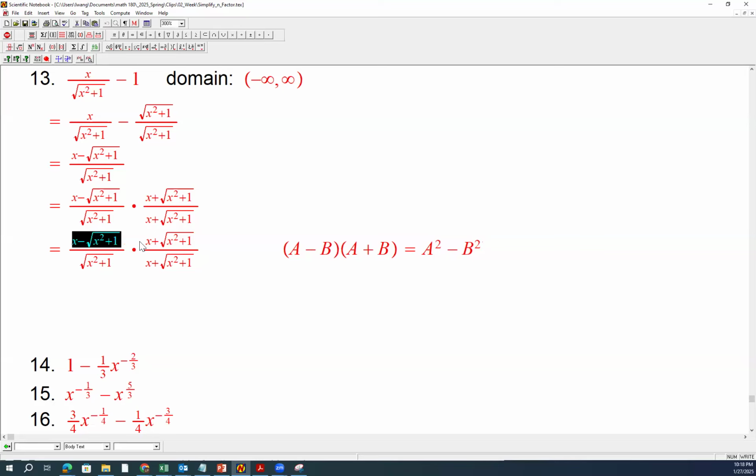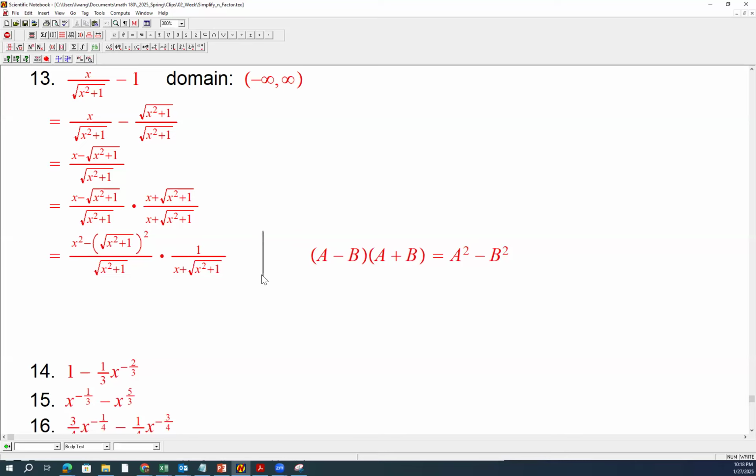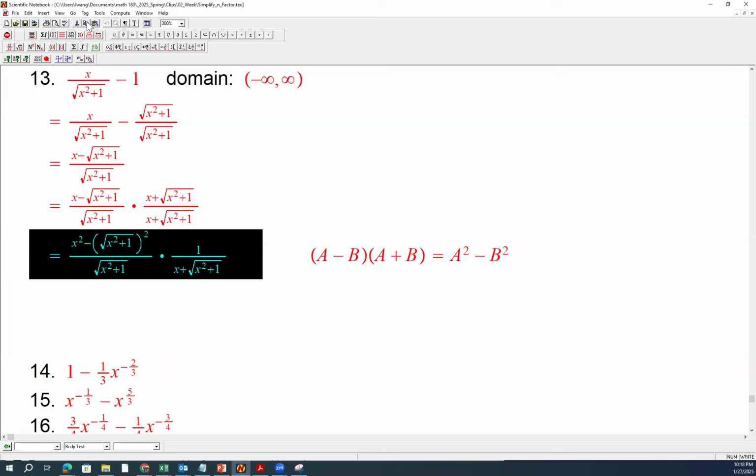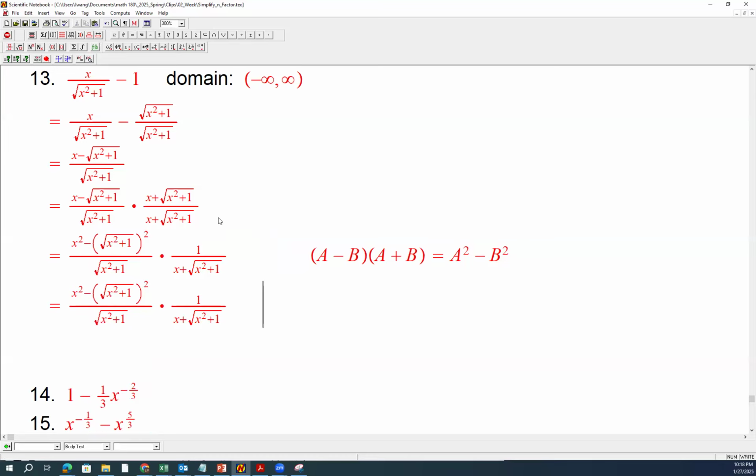So the numerator is a minus b times a plus b. We multiply these two and get x squared, and that piece is going to be squared. I'm doing this hypothetically, because in a calculus setting you will know what to do.